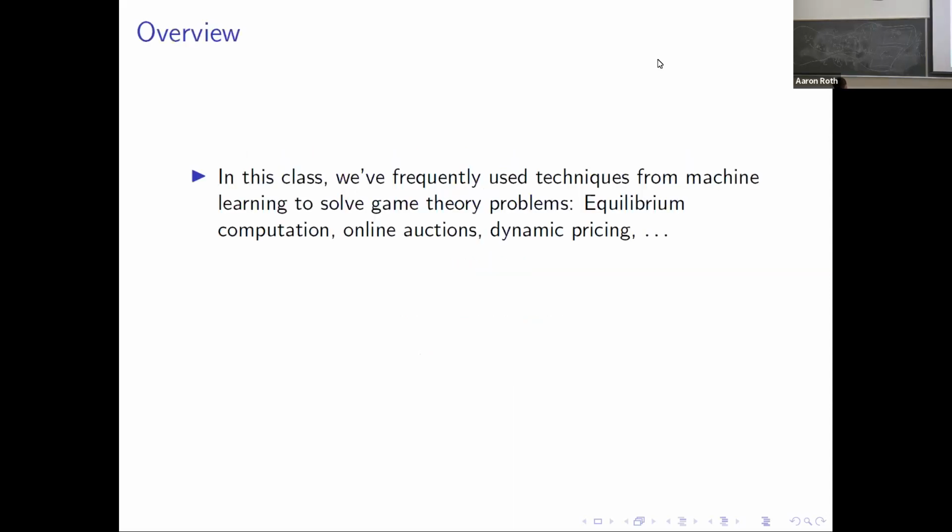A theme throughout this course that we've seen a bunch of times is that we've taken problems from mechanism design and reduced them to learning problems of various sorts. Starting with the polynomial weights algorithm, which is really some kind of sequential prediction algorithm, we used that as a tool to talk about how people playing in, say, a zero-sum game might converge to Nash equilibrium, or how people playing in a general game might converge to correlated equilibria.